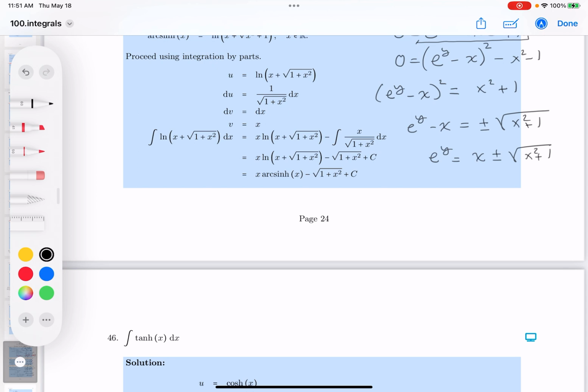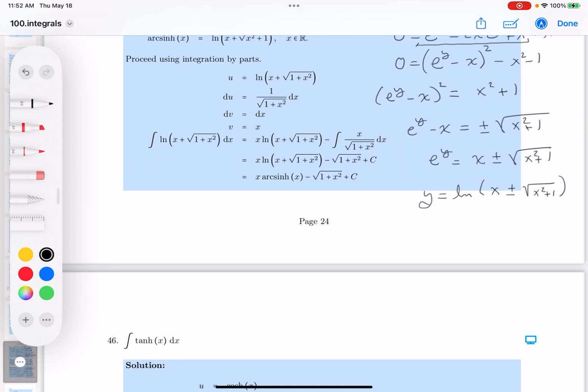But I'm seeing something over here. I'm seeing that y would actually be equal to the natural log of x plus or minus the root. All right? There's trouble here, though, isn't there? I'm looking at this thing and wondering, that can't really be possible. We got two different results there. And what I noticed is it has to be this one over here, that y has to be equal to the natural log of x plus the root of x squared plus 1.